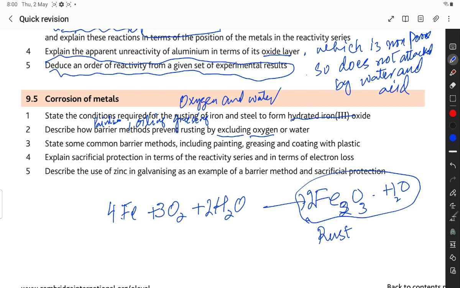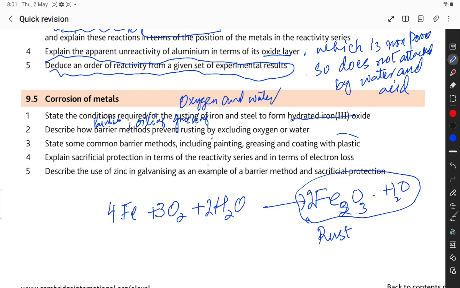State some common barrier methods including painting and greasing. This is the common method. Coating with plastic also becomes a barrier against rusting, because painting, greasing and coating with plastic prevent the iron from rusting. So you should know all this content.